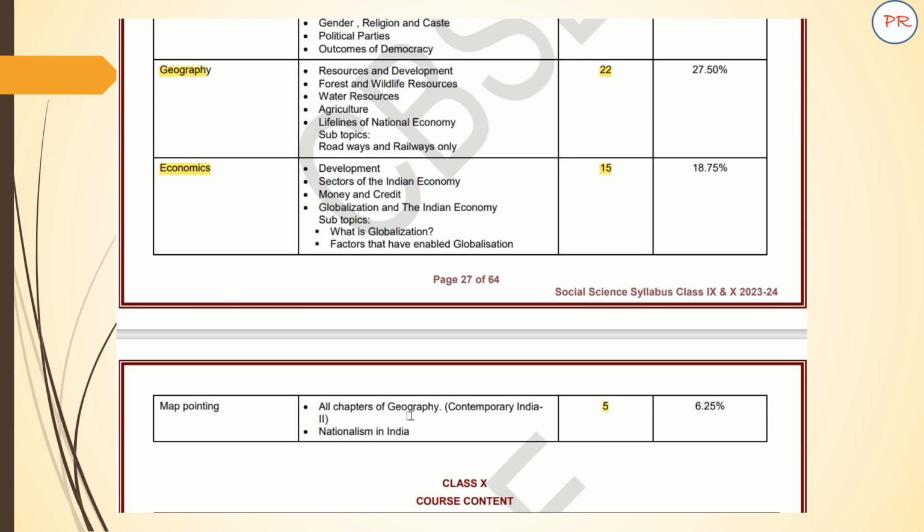As far as maps are concerned, you will be asked maps from the chapters in geography, from the book called Contemporary India 2. Whereas from history, only 2 marks of map question will come, that is also from Nationalism in India. So these questions are also fixed.